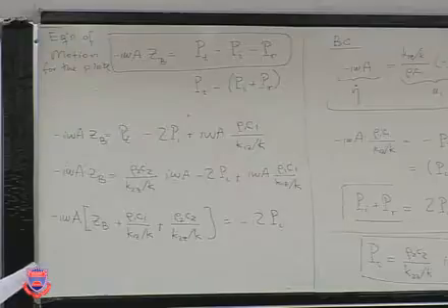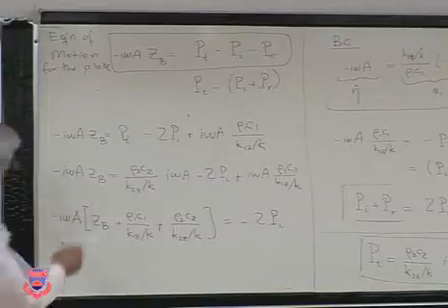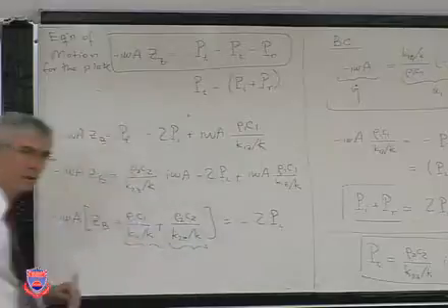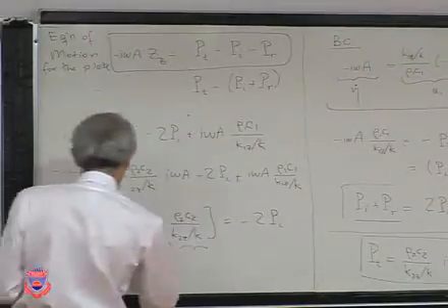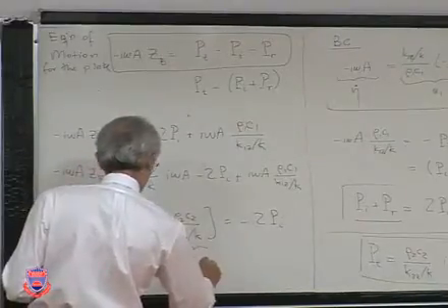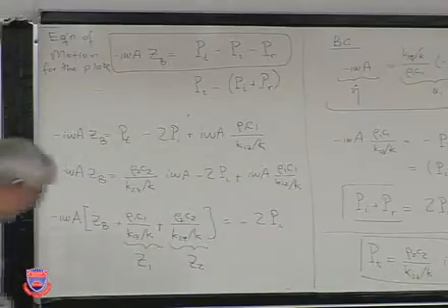Just make sure we're not missing anything here. Okay. These are the radiation impedance. So we can call these, let's say, Z1 and Z2. And let's see, do I need this here?